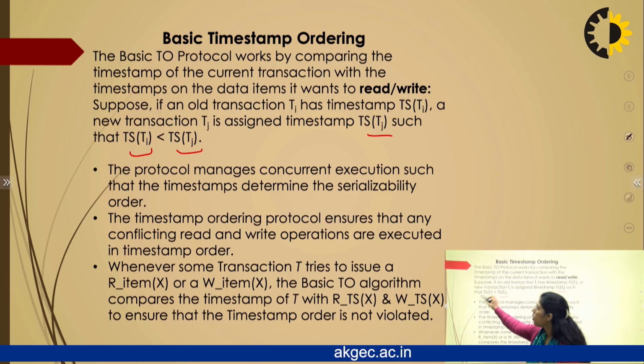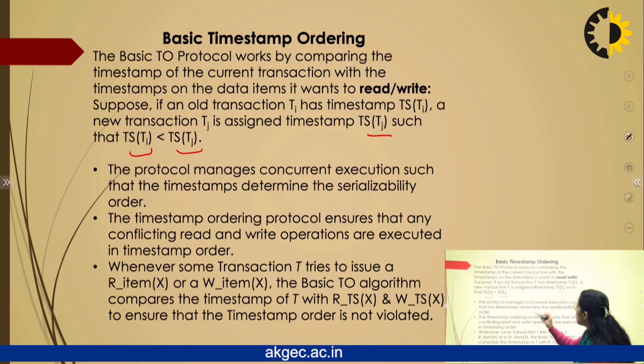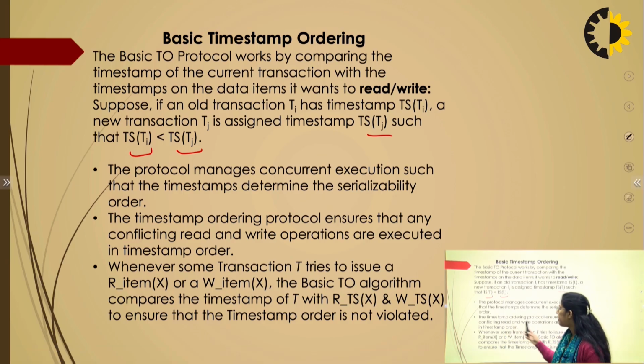That means Ti is the older transaction. The protocol manages concurrent execution such that the timestamps determine the serializability order, in which order these transactions will happen. The timestamp ordering protocol ensures that any conflicting read and write operations are executed in timestamp order only.